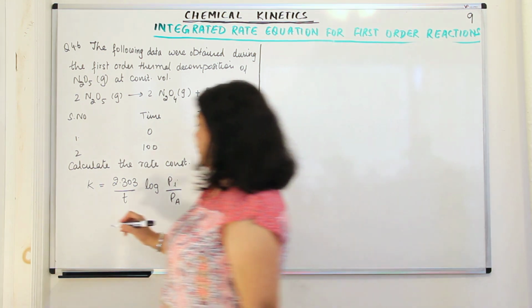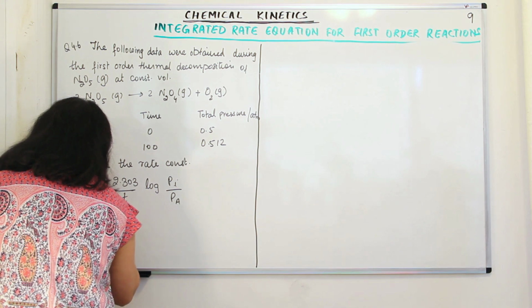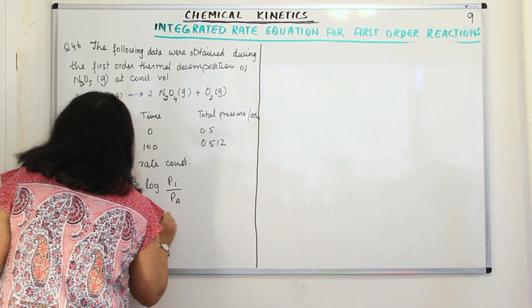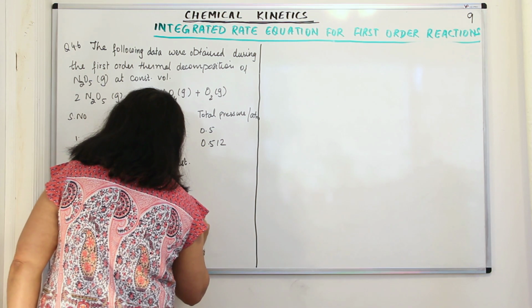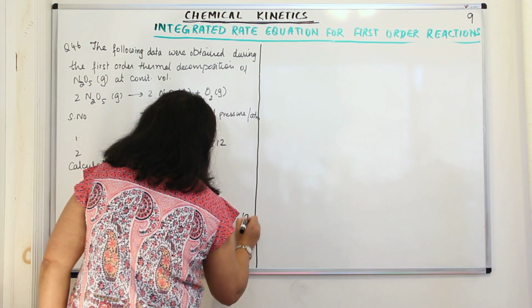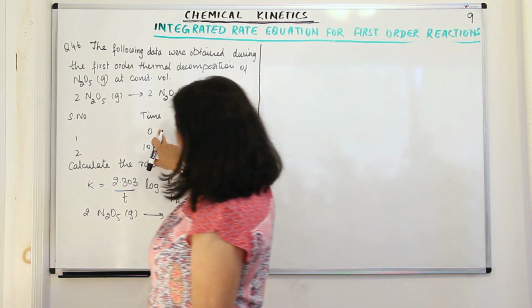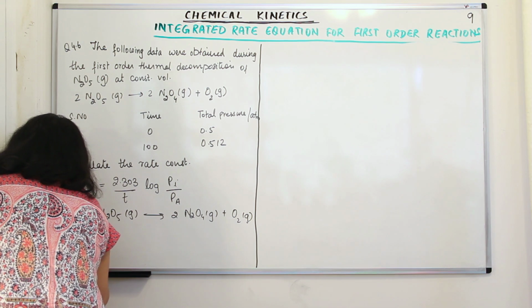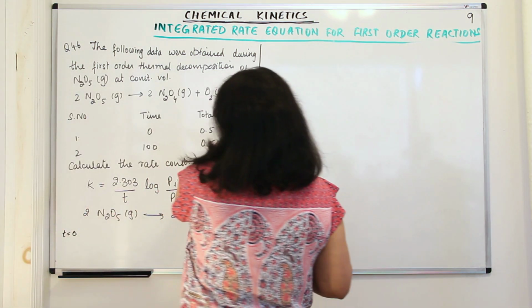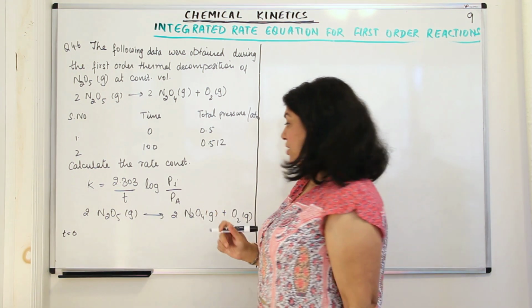We first write down the equation. Twice N2O5 gaseous gives you twice N2O4 gaseous plus oxygen, which is also gaseous. Now initially, at time t is equal to 0, the total pressure is 0.5.